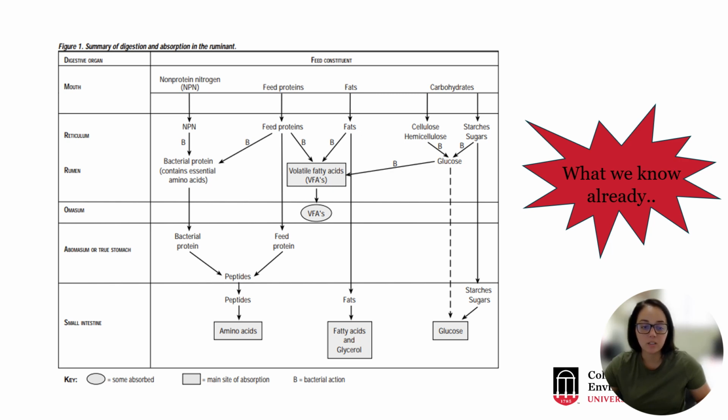Fats get turned into fatty acids and glycerol, which is used in several metabolic pathways, and proteins get turned into peptides that then make amino acids. So this is just a very brief overall graph of things that we already know, and how the feed components are broken down into things that the body ends up using.